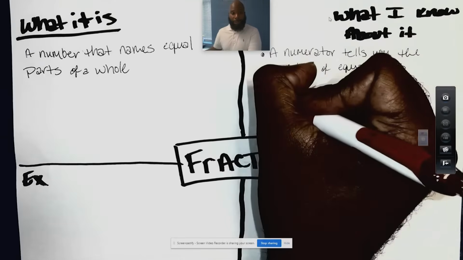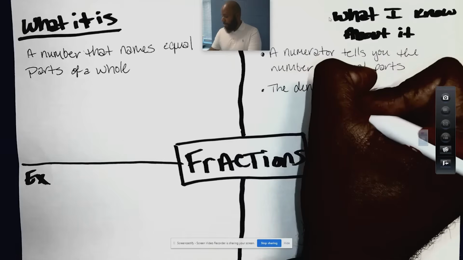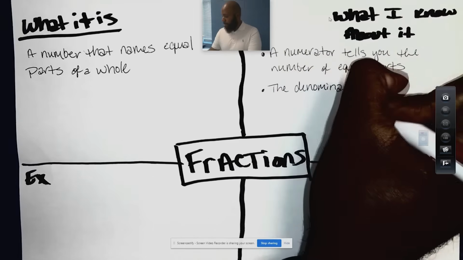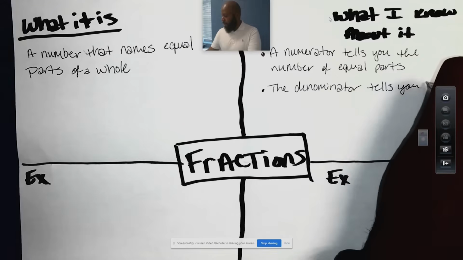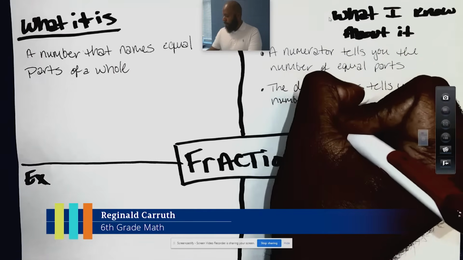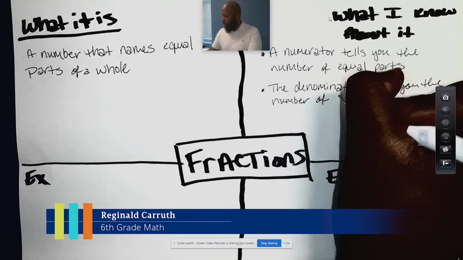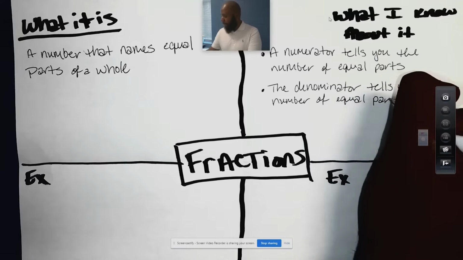What about the denominator? The denominator tells you the number of equal parts in a whole.